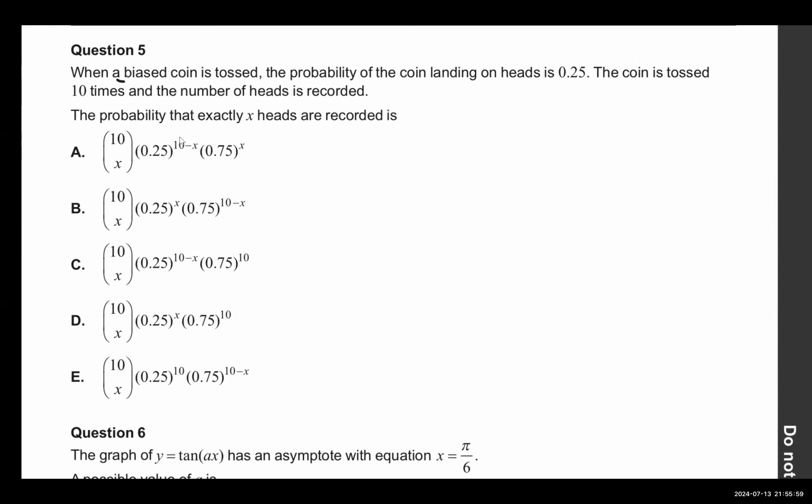Question 5. When a biased coin is tossed, the probability of the coin landing on heads is 0.25. The coin is tossed 10 times, and the number of heads is recorded. The probability that exactly X heads are recorded.